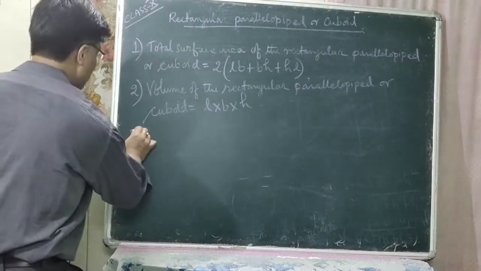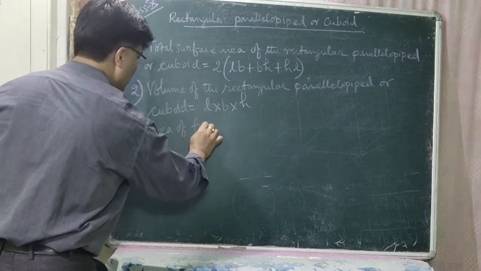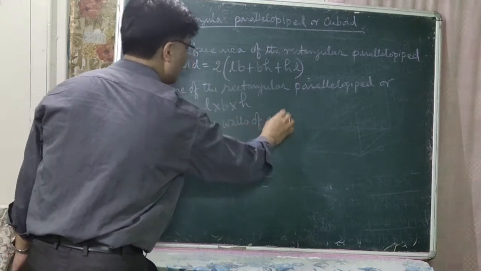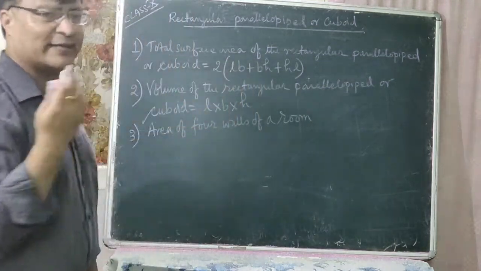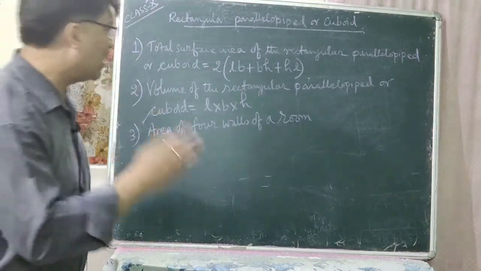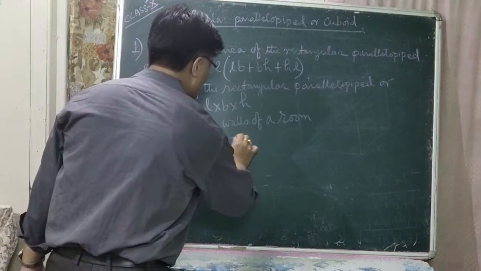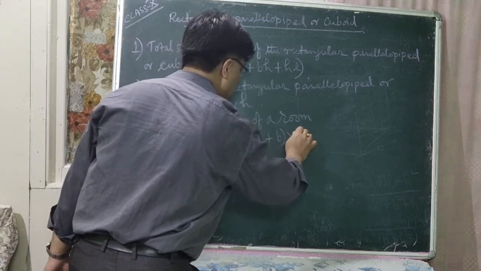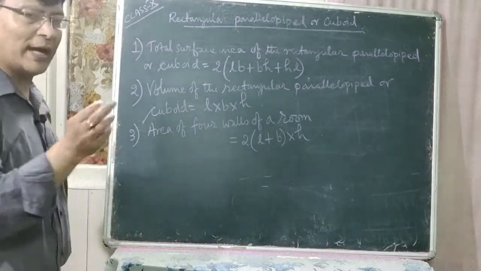Okay? And number 3, area of 4 walls of a room. That is, room is just like a rectangular parallelepiped, and we are calculating the area of 4 walls of a room, which is equal to, what is the formula? Twice within bracket L plus B into H. Twice within bracket length plus breadth into height.